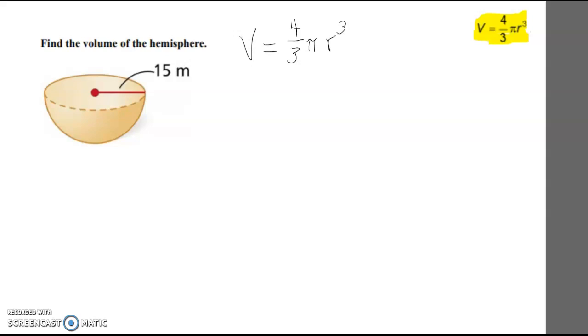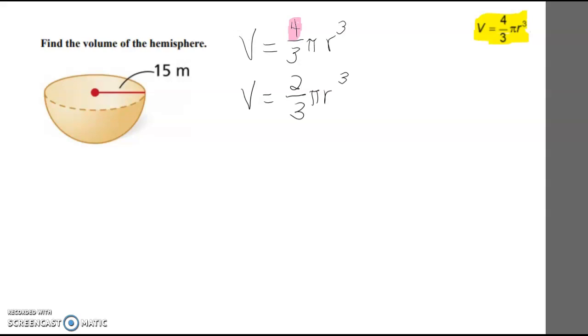And in order to find the volume of a hemisphere, I'm going to actually be dividing this by 2. When I do that, the number that changes is this one right here. And 4 divided by 2 gives me 2. So the volume of a hemisphere is actually 2/3 pi r cubed.